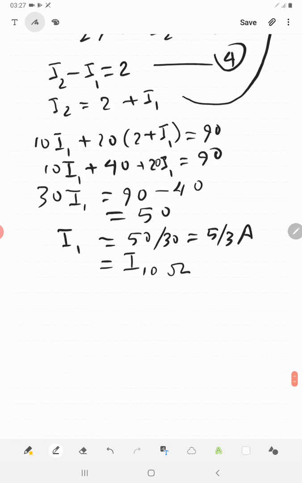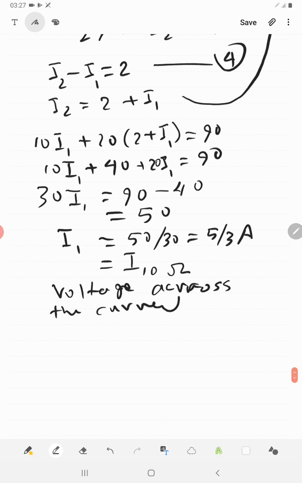Voltage across the current source is Vx.